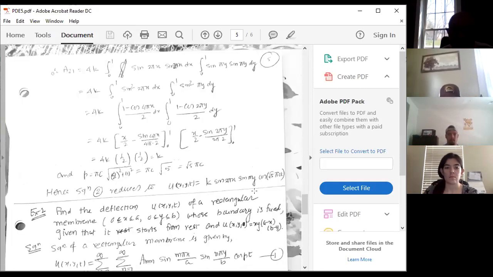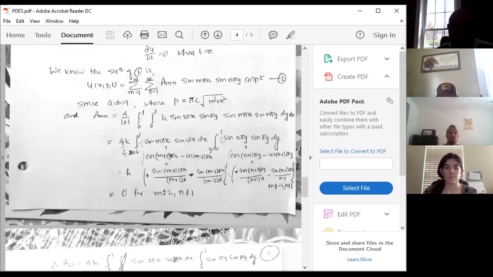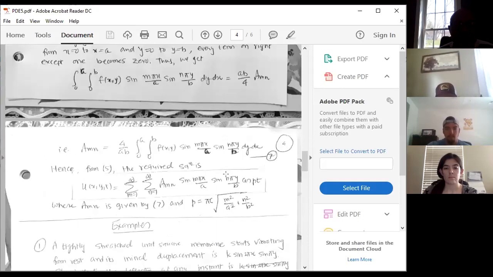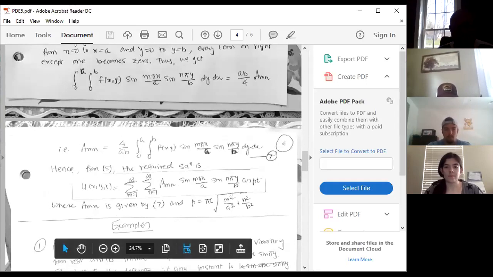T as it is, root 5 pi c, and t as it is. So that is the solution. Simple. You don't need to memorize things, just take the help of these formulas: a_mn, the general solution, where a_mn is this one and p is this one. That's it.